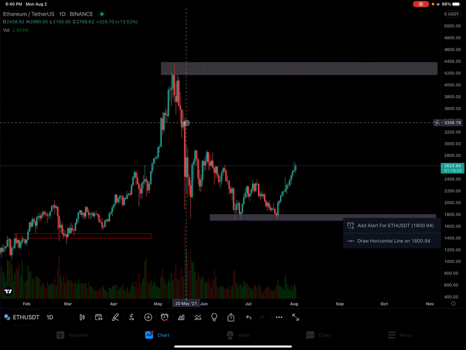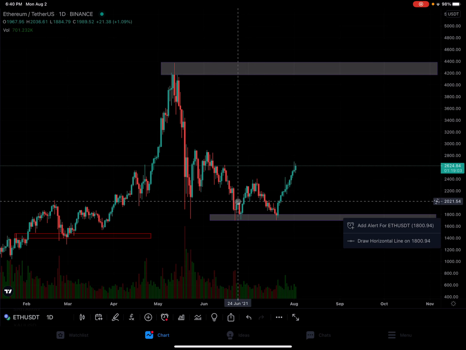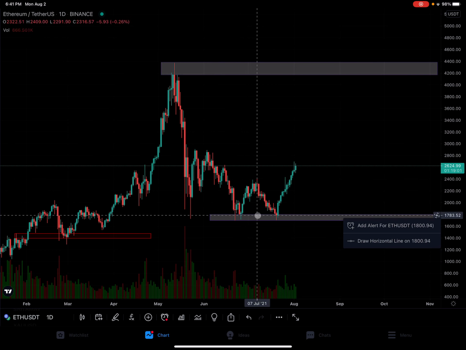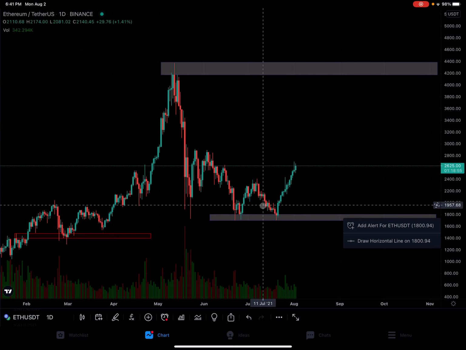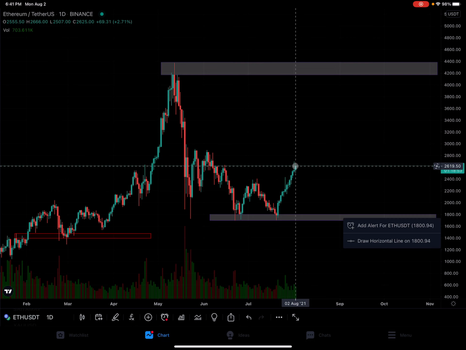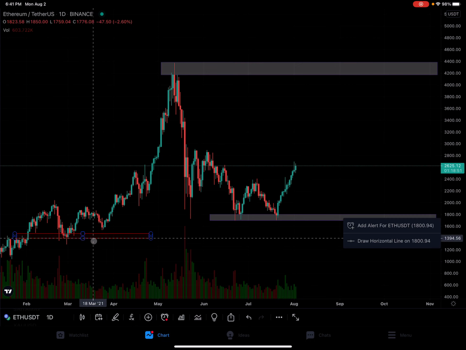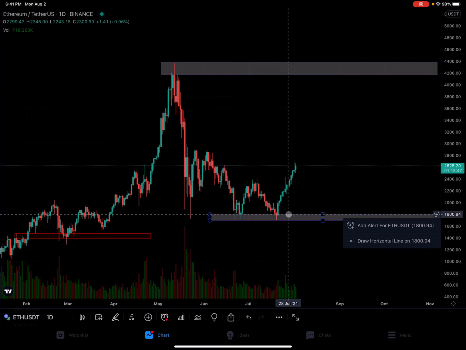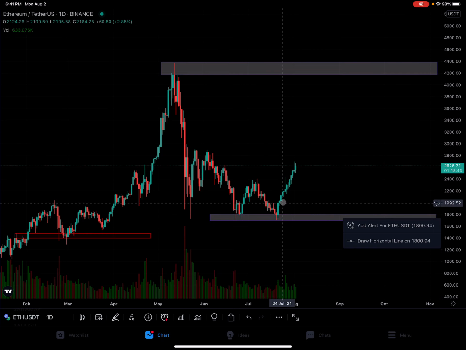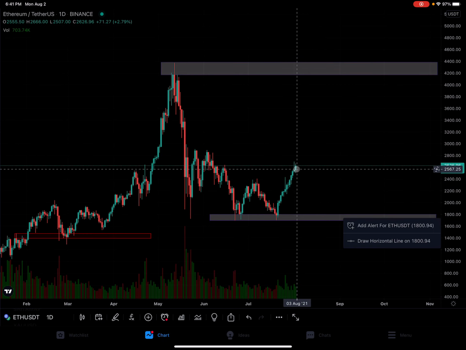Price came down, built support right here, bounced off of it, hit it once, hit it twice, and then it bounced up. So currently, Ethereum, or the crypto market, is really going in a bullish direction.